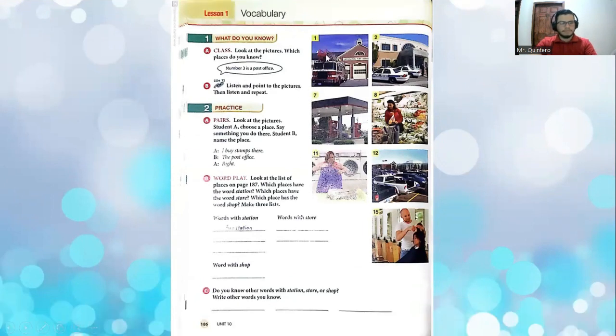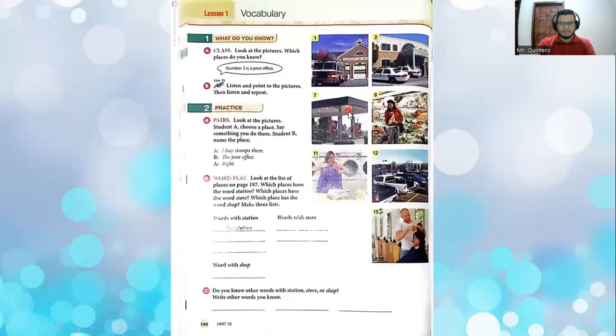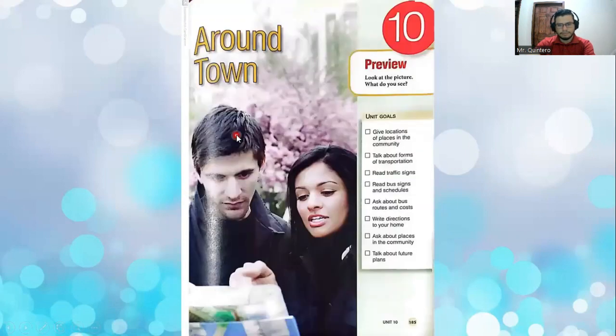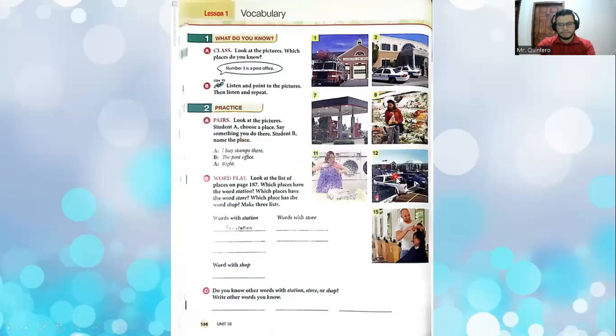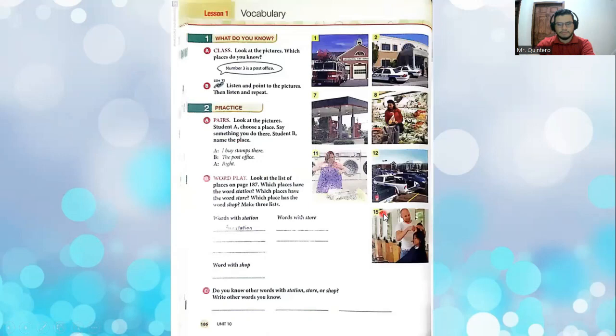Exercise B. Listen. 1, A fire station. 2, A police station. 3, A post office. 4, A bus stop. 5, A park. 6, A drugstore. 7, A gas station. 8, A supermarket. 9, A bank. 10, An ATM. 11, A laundromat. 12, A parking lot. 13, A department store. 14, A coffee shop. 15, A hair salon.